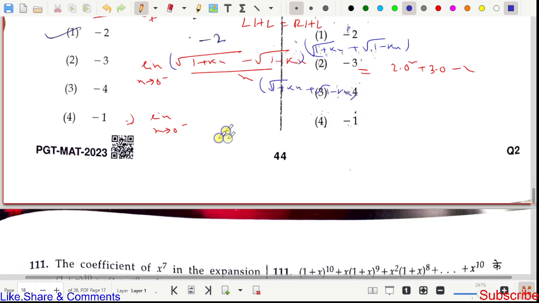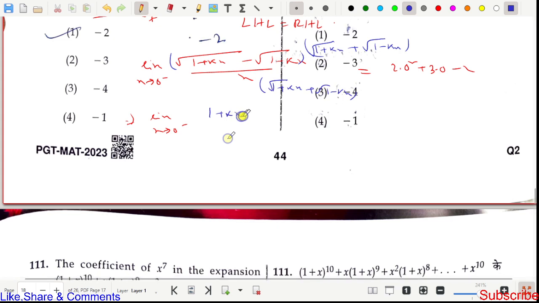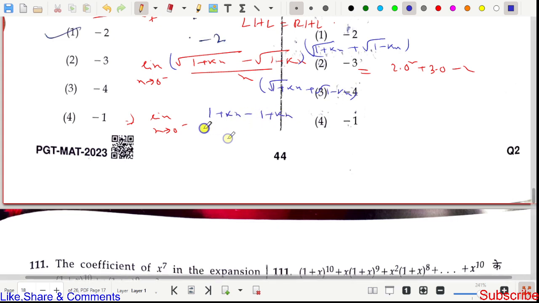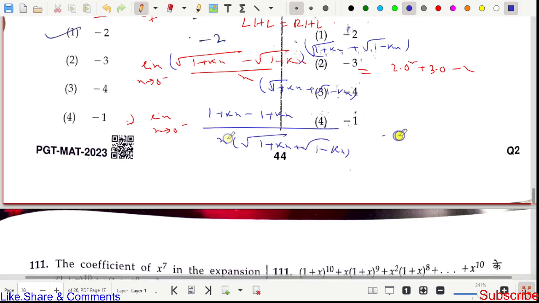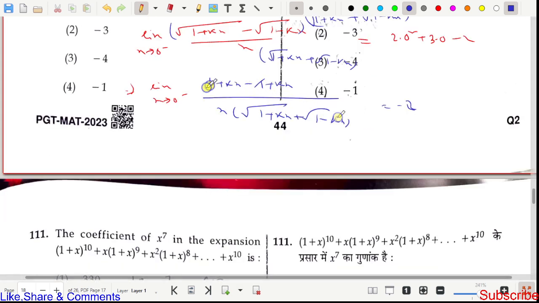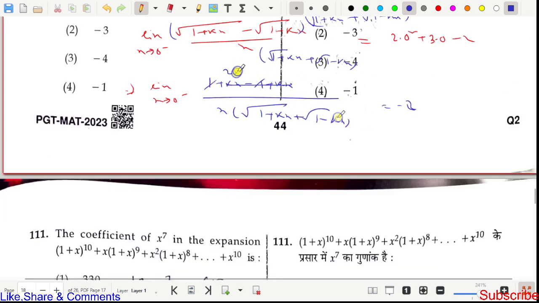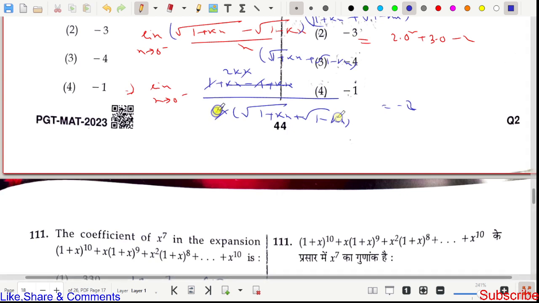This will be the a square minus b square form, that means 1 plus kx minus 1 plus kx, divided by root over 1 plus kx plus root over 1 minus kx. In the right side we are getting minus 2, so this is 2kx, x cancels out, and up it will be 2k only.